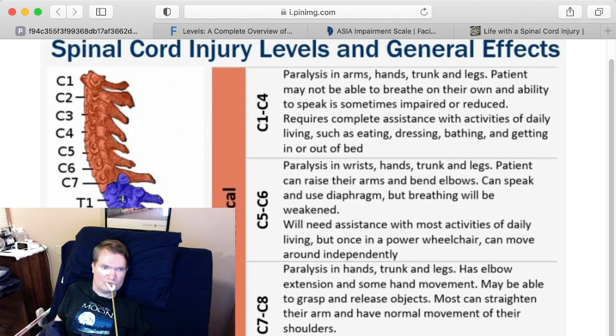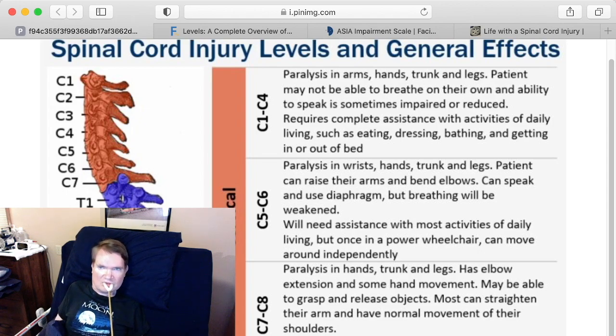So this is kind of a general list, I would say. I know people that have a C1-2 injury, which is one level above mine, and they can barely move their head at all. But as you can see, I have pretty good head movement, and that is generally one of the indicators that you can see a high level injury of C1 or C2 of head movement.